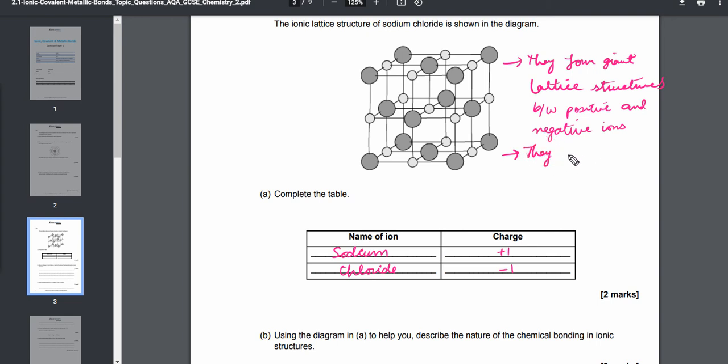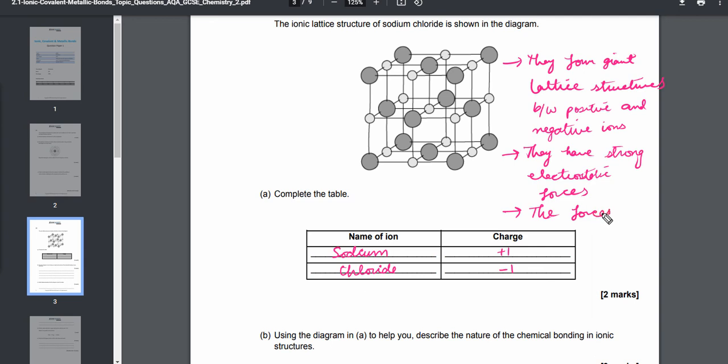The next thing that you can write over here is they have strong electrostatic forces between them. Strong electrostatic forces between their positive and negative ions. The third one is the forces act in all directions so that they maintain their structure.